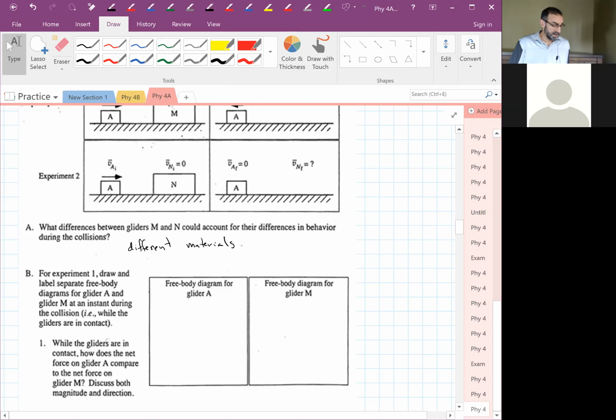Free body diagram for A, free body diagram for M, at some instant while they are in contact with each other, during that collision. Okay, I'll do the easy ones.